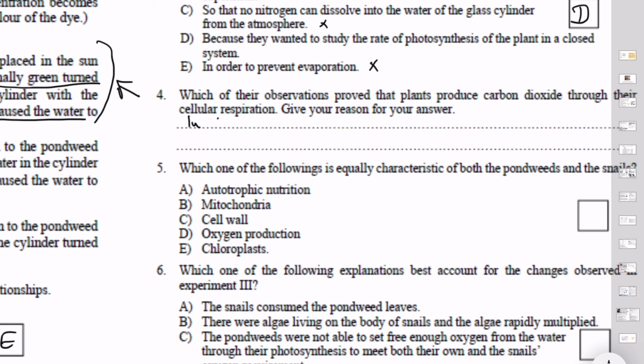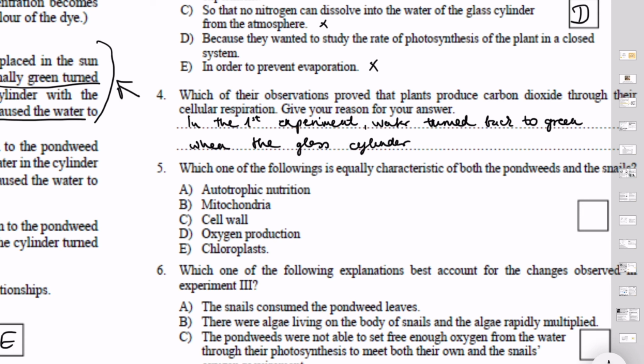So in the first experiment, water turned back to green when the glass cylinder was placed in a dark box.